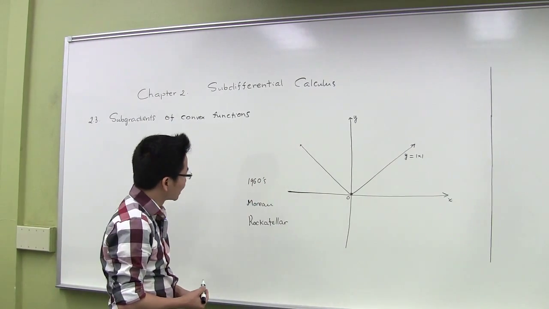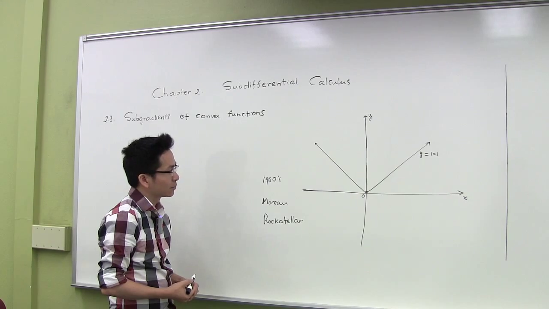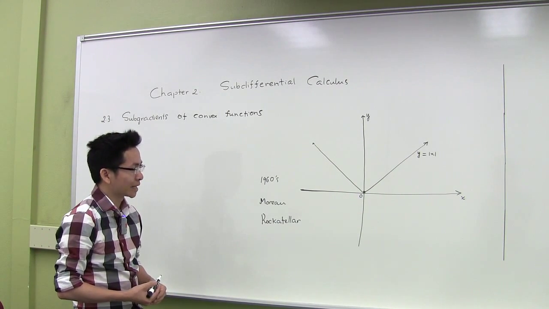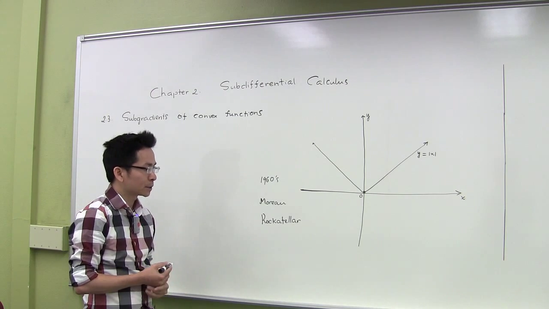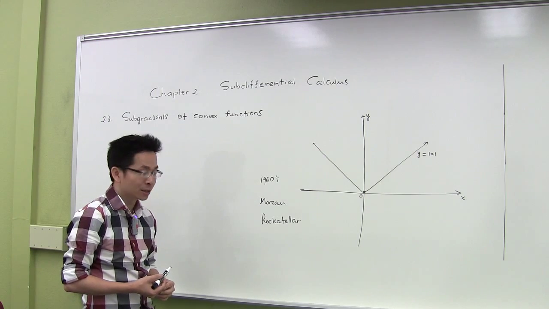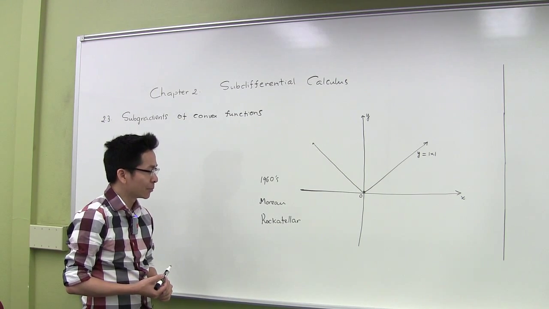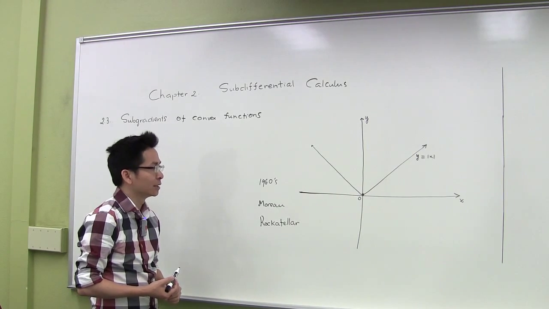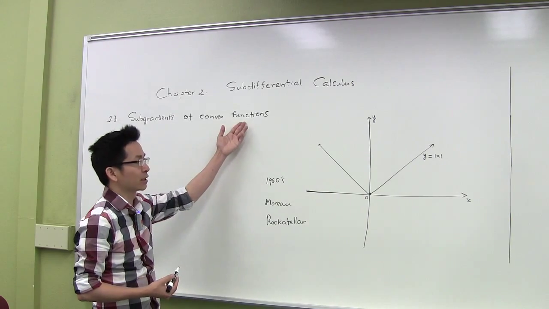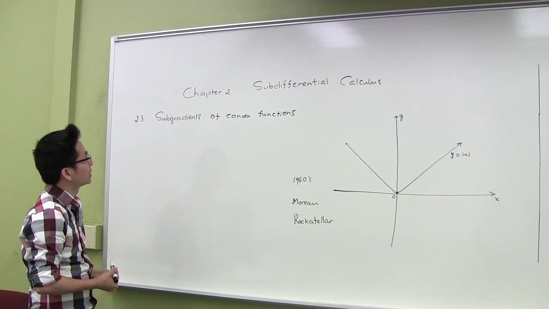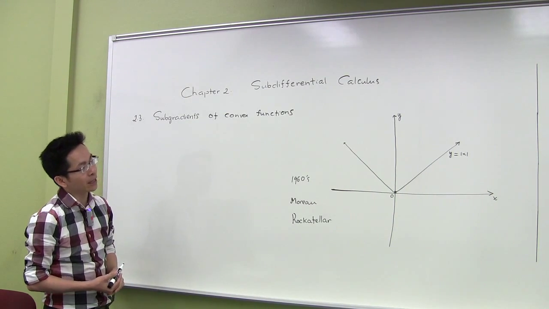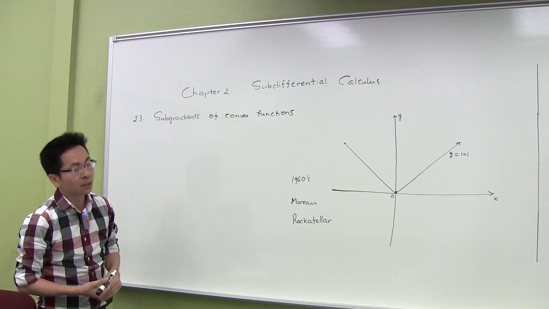In the 1960s, motivated by applications to optimization problems in which the objective functions are not necessarily differentiable, Moreau, a French mathematician, and Rockafellar, an American mathematician, independently introduced a generalized differentiation concept for convex functions.